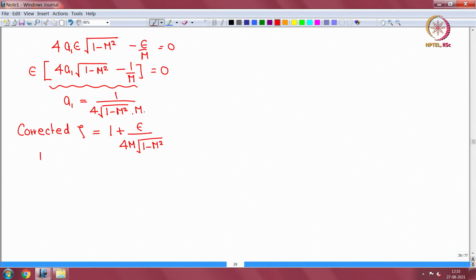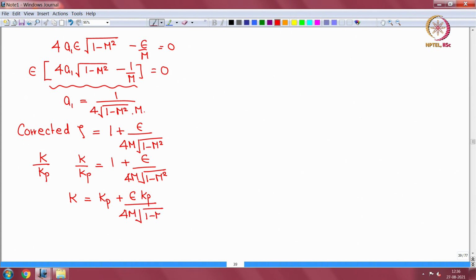It is actually k over kp. So if I say k by kp is 1 plus epsilon by 4m square root of 1 minus m squared, then my k, which I am looking for, is kp plus epsilon kp by 4m square root of 1 minus m squared.